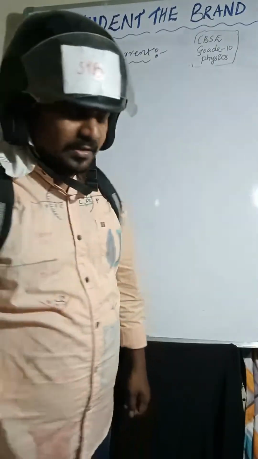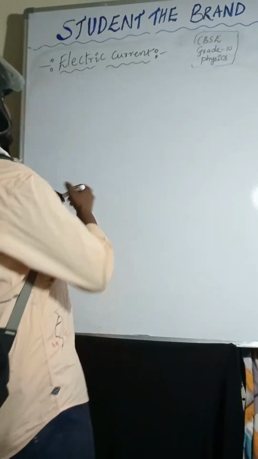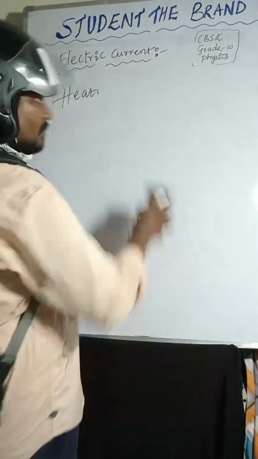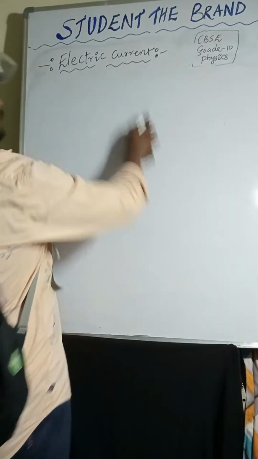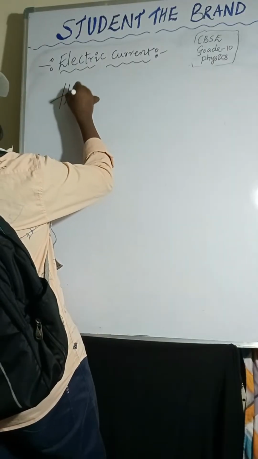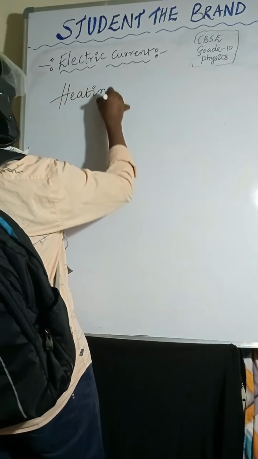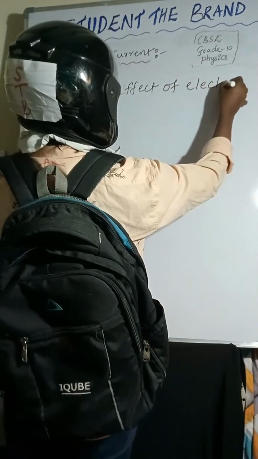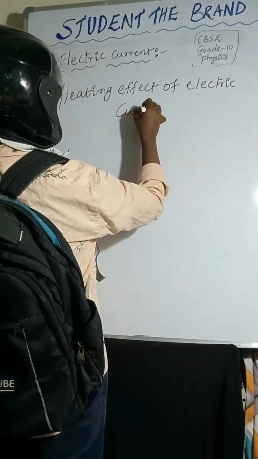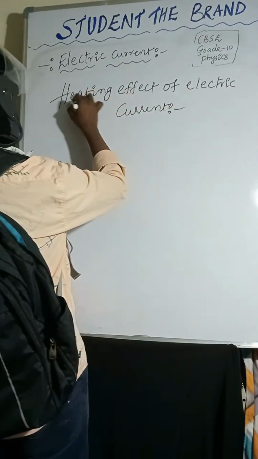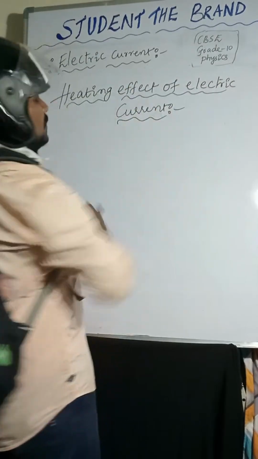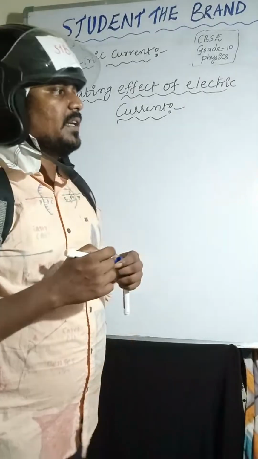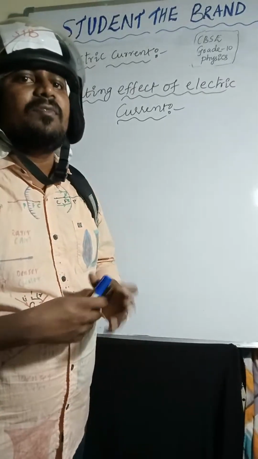we will discuss about heating effect of electric current. So heating effect of electric current is nothing but the source of energy continuously getting dissipated entirely in the form of heat.